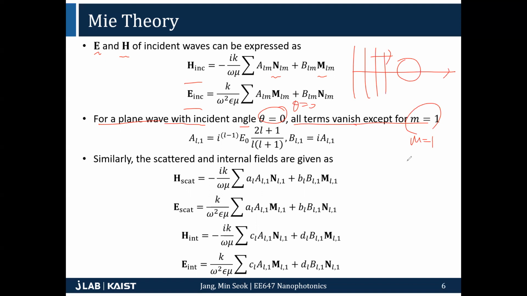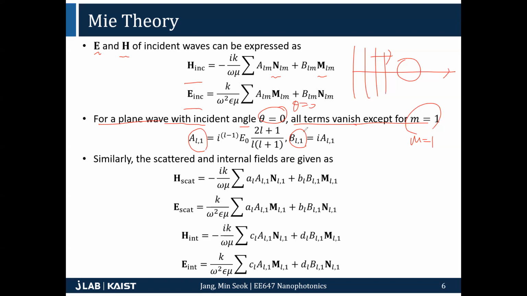That's a known thing, and in this case, for the incident wave, A_L1 and B_L1 are just determined like this.